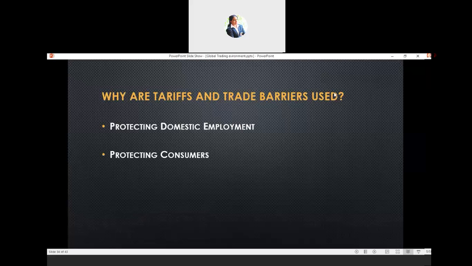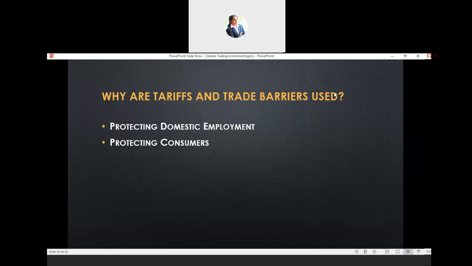Now, the next reason could be protecting consumers. A government may usually go in for tariffs on products if it feels that importing them could endanger or have some negative effect on its public or population.